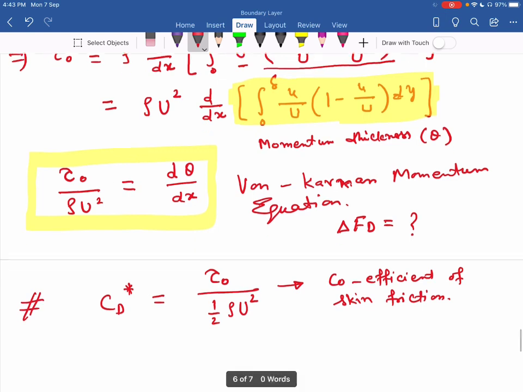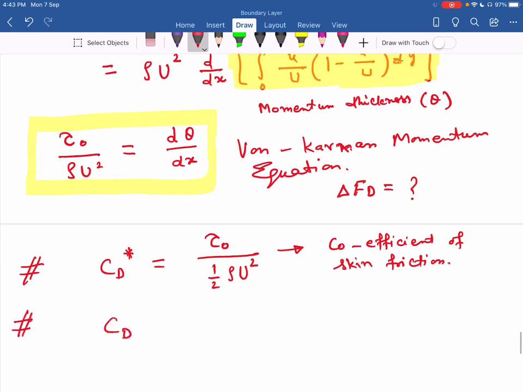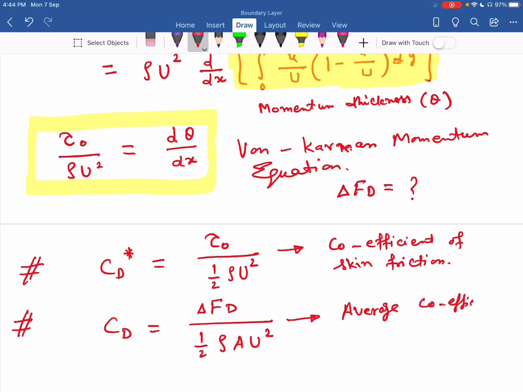Then we have one term CD. CD is FD divided by 1 by 2 rho A U square, where FD is also delta FD. This term is called the average coefficient of drag.